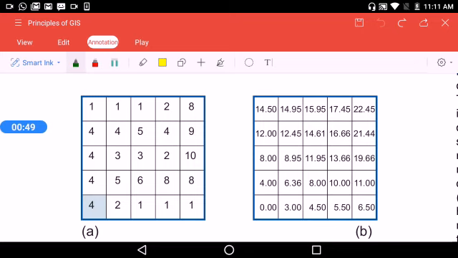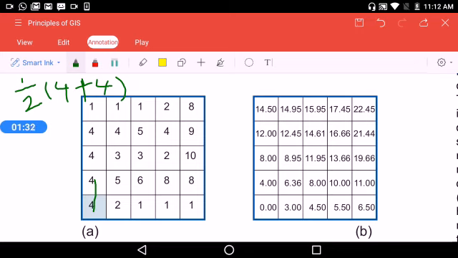Let's take the first path, in which we go to the north and then to the east. When you go to the north, you're going from 4 to 4, so the resistance will be half of 4 plus 4, multiplied by the distance. The distance between these two cells is 1 because they are adjacent cells and not diagonally opposite.